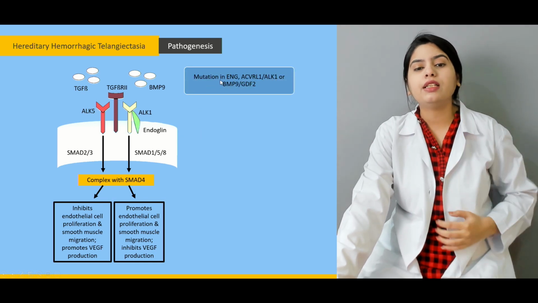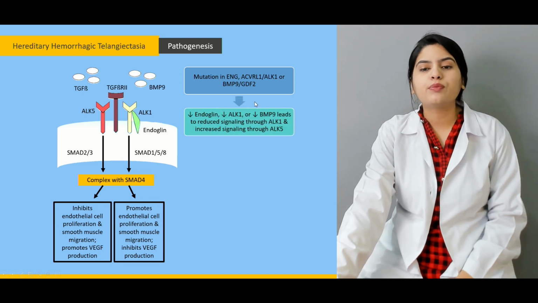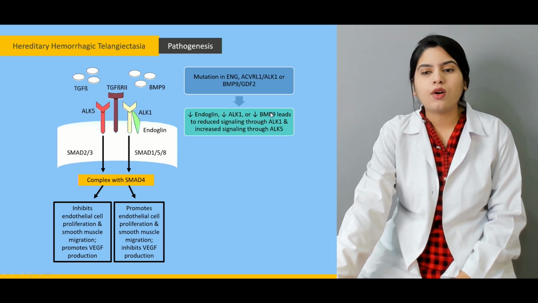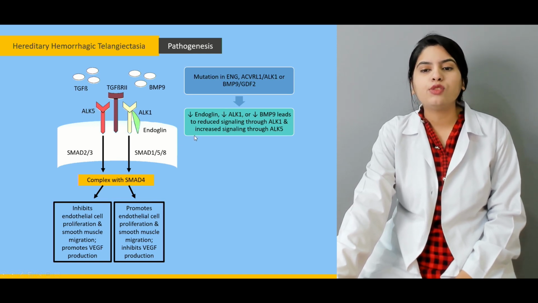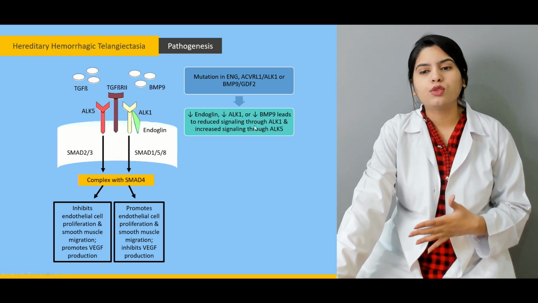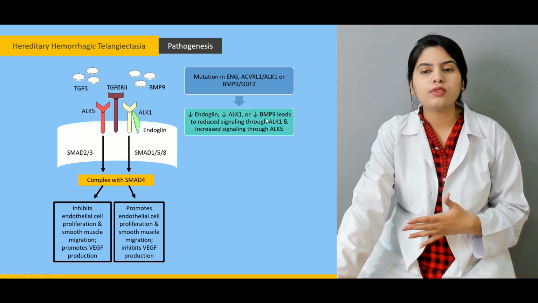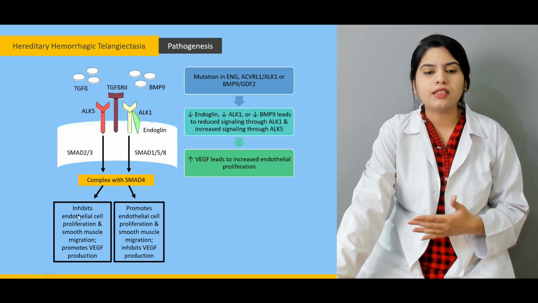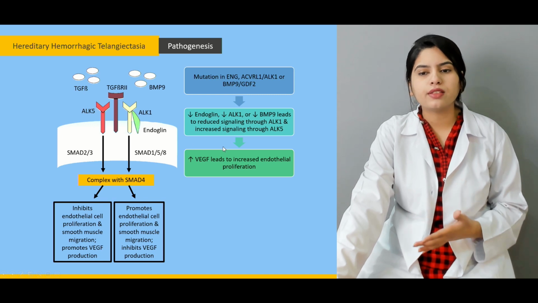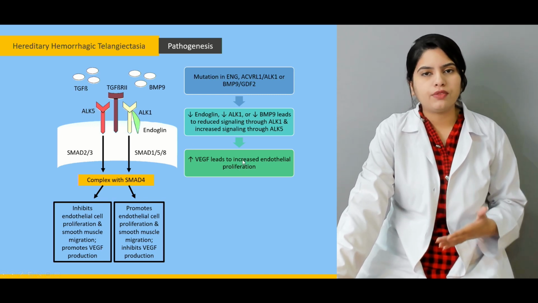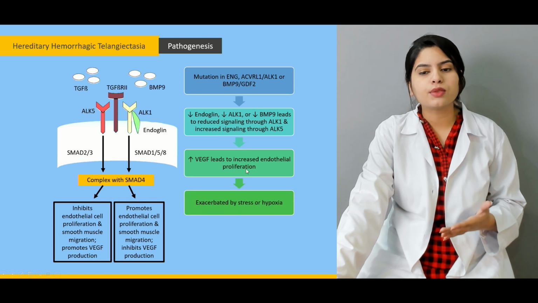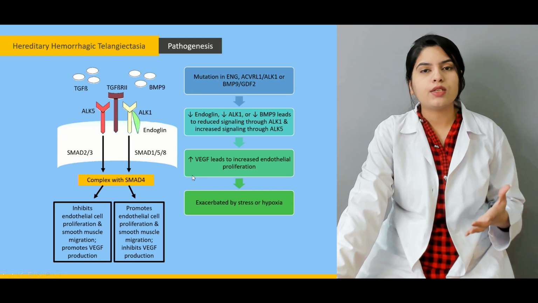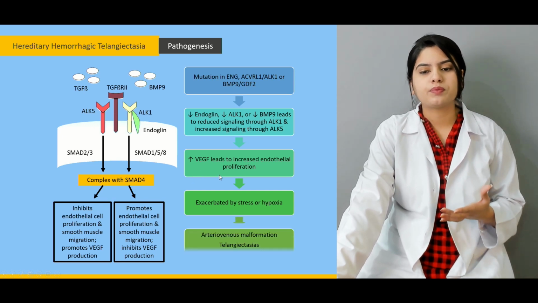Basically, there is a mutation in these genes that is responsible for the decreased amount of endoglin, ALK1 or BMP9, which leads to reduced signaling through these signaling molecules, ALK1 and ALK5, which leads to an increase in VEGF, a growth factor that increases endothelial proliferation. When the endothelial proliferation increases, it is exacerbated by stress or hypoxic conditions.